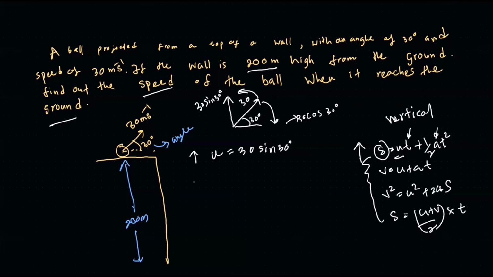And we know the displacement for this motion. Displacement is equal to what? It is 200 meters in this direction, because they ask for the speed when it reaches the ground.